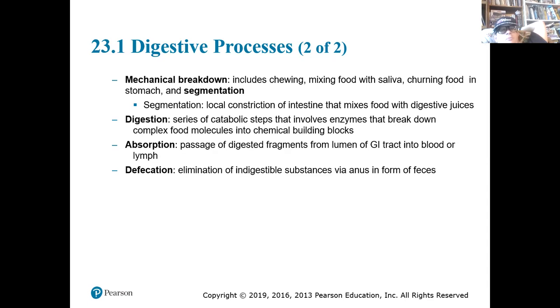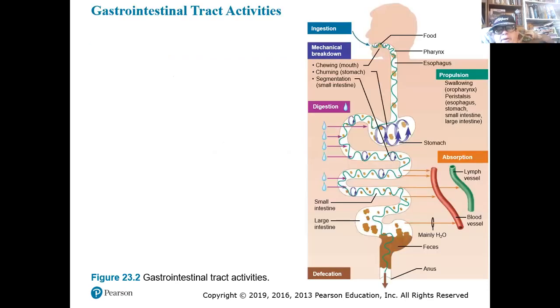And then what's left in the GI tract after we've done the absorption, well, that's waste that we're going to get rid of. So defecation, passing of poop, passing of fecal matter. All right.